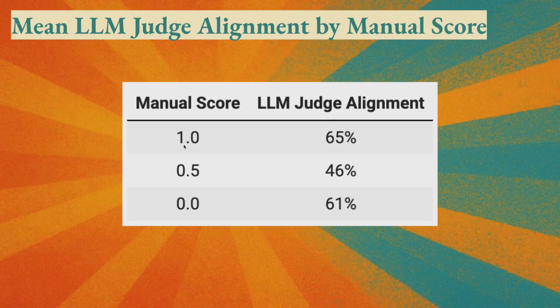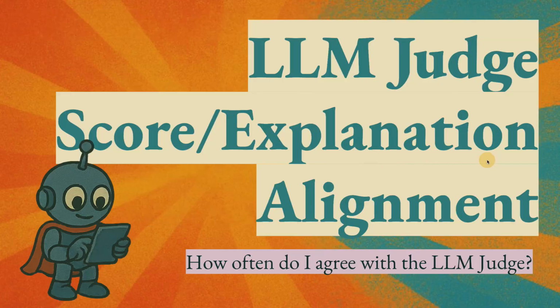So when I scored a criterion as 1.0, so full success, the LLM Judge matched my score 65% of the time. When I gave it partial success, the LLM Judge matched it 46% of the time. And when I gave it a score of failure, the LLM Judge matched it 61% of the time. So interesting to see. Not a lot I can glean from this.